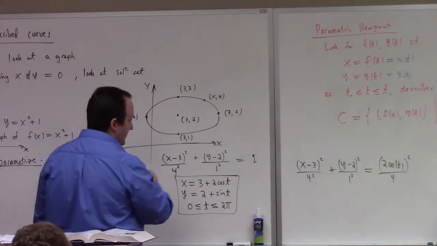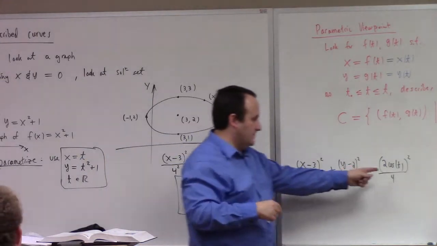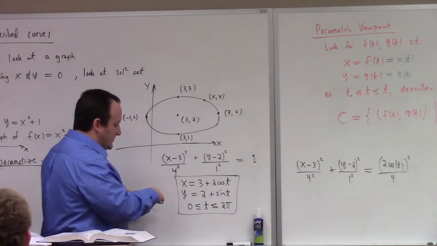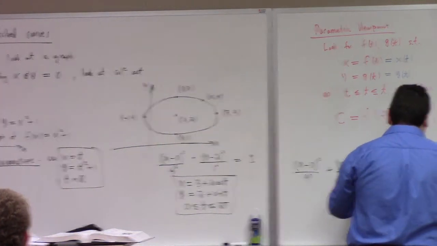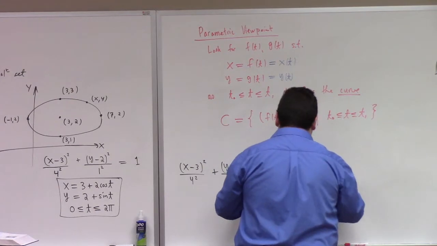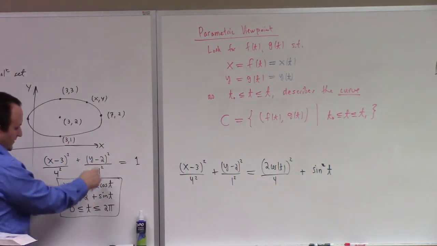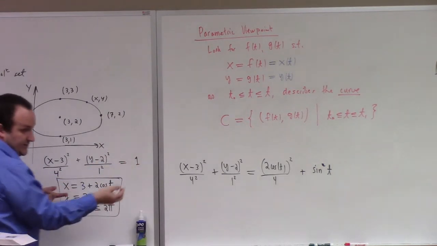Oh, yeah, this isn't going to work. See, good, we found a mistake. What happens here? I get 2 squared cosine squared, right? Now the y minus 2 is fine because y minus 2 gives me sine squared t, because when I plug this in here, I get y minus 2 is sine t. So that's going to give me sine squared.